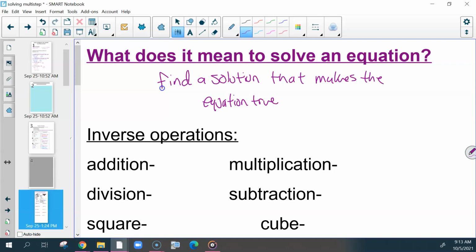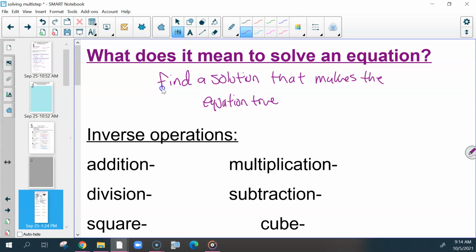As we're solving these equations, we could expand this definition as well. We could also include use inverse operations to find a solution that makes the equation true.